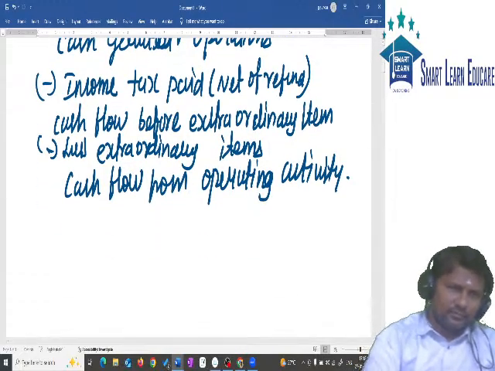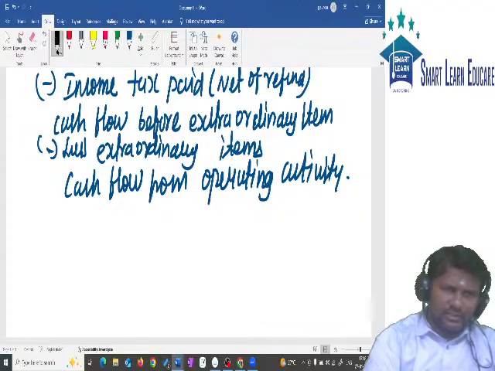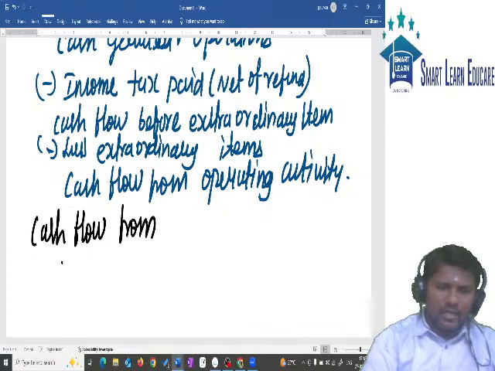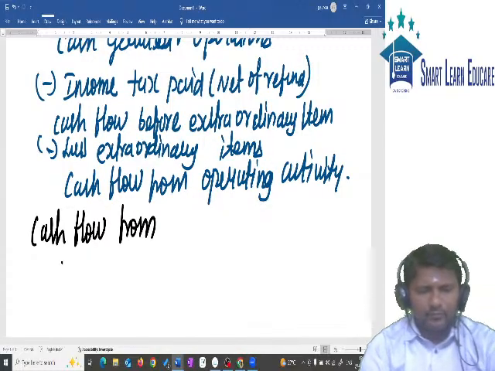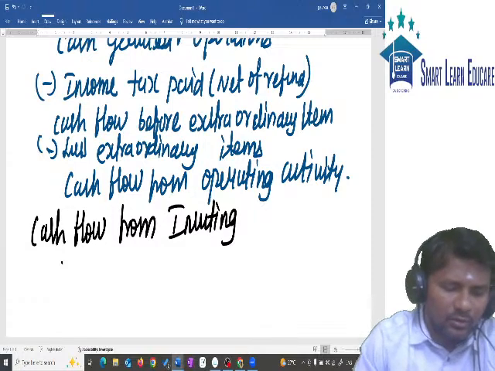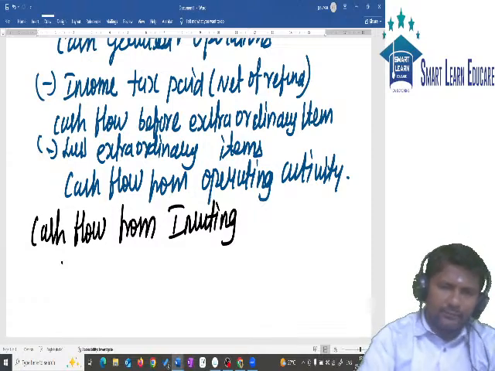Next, second activity. What is the second activity? Cash flow from investing activity.